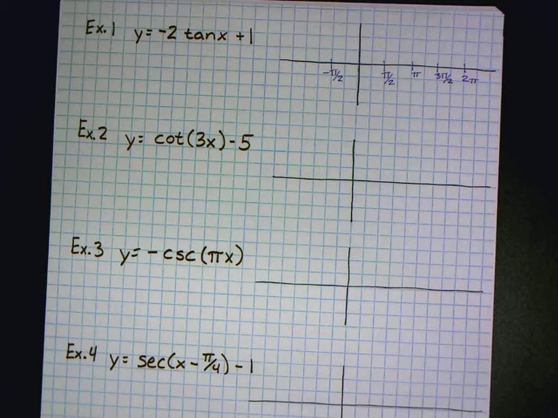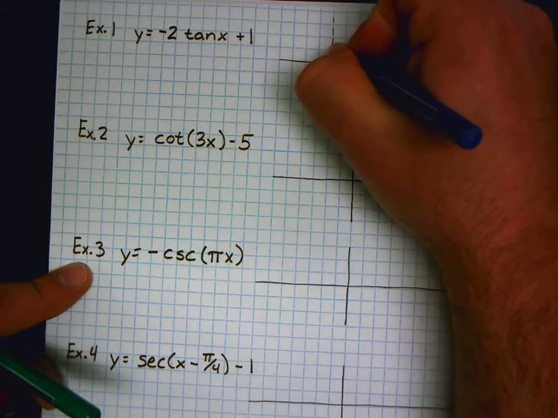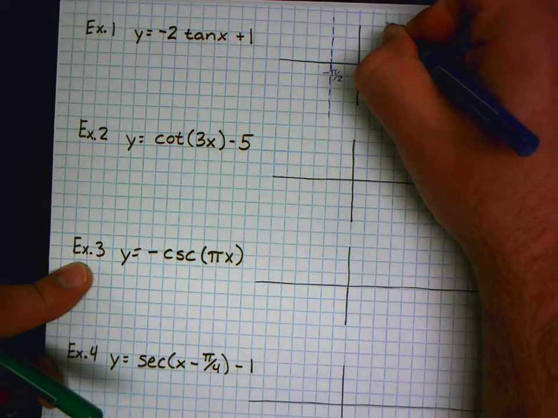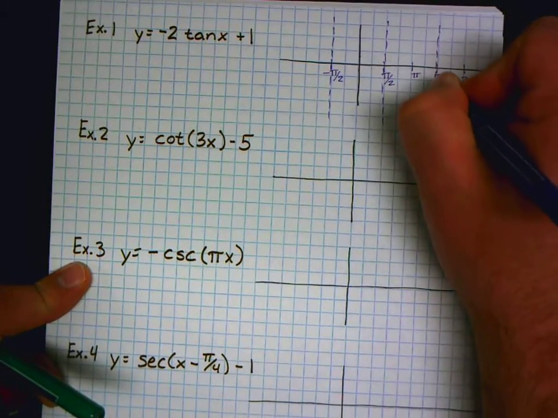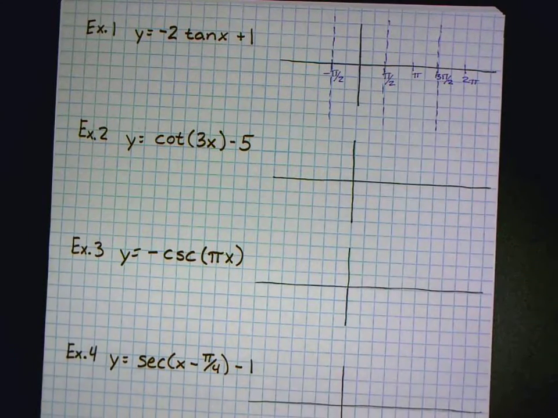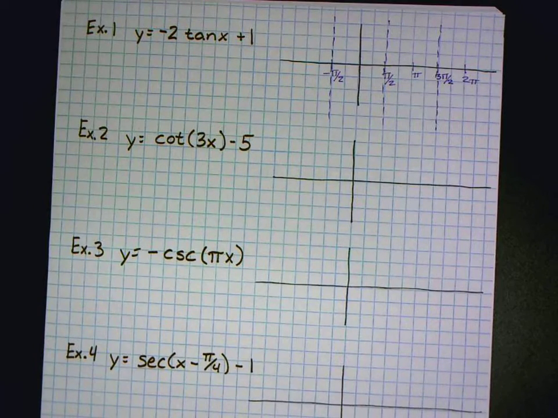Anything I'm doing here, is it going to affect where my asymptotes are? No. So let me go ahead and put my asymptotes, since nothing is affecting them. Only if something's on the inside would it affect the asymptotes, right? Yep.